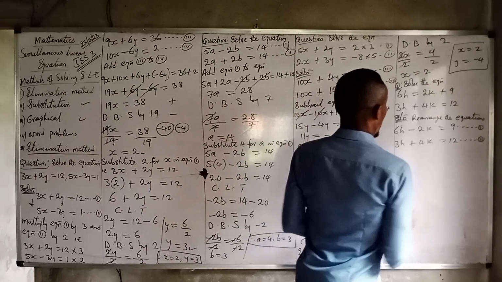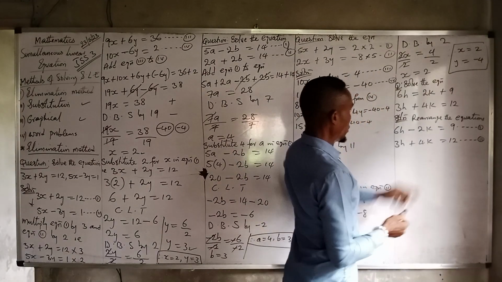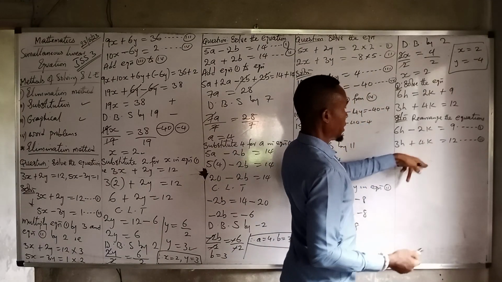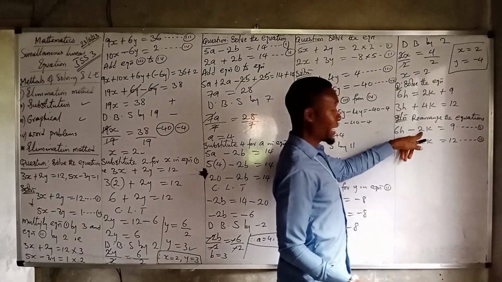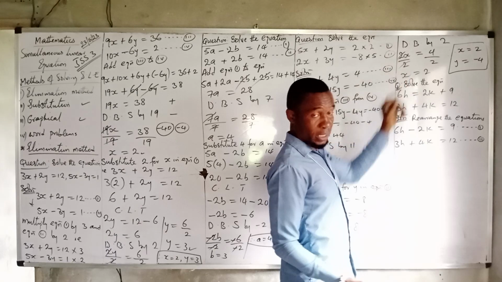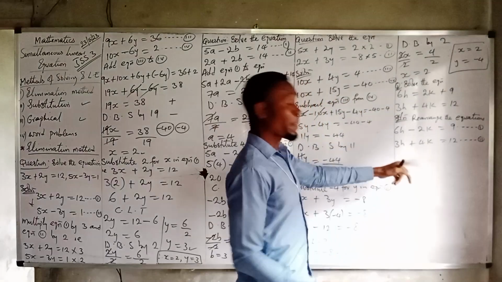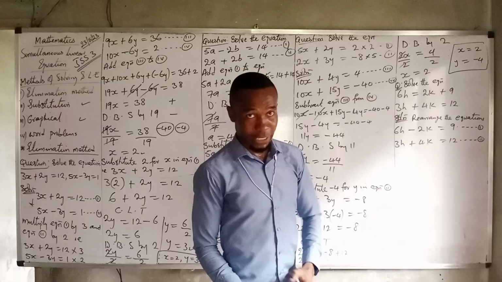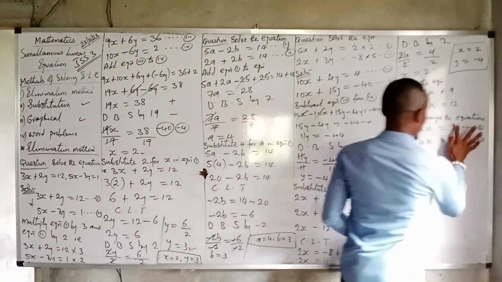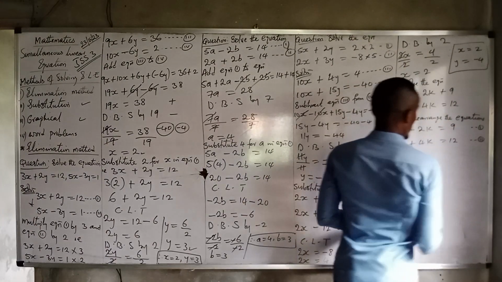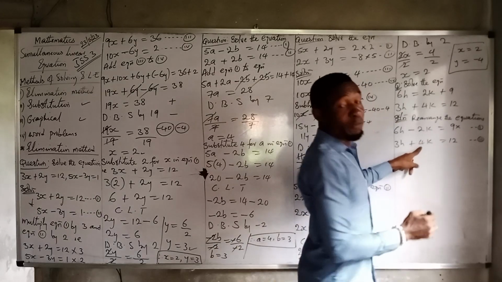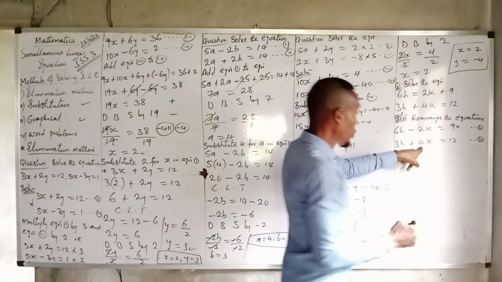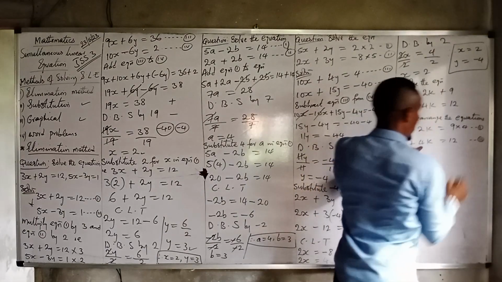Now what should I do? I check the two. Which one should I eliminate? I want to eliminate K. I must make sure that the coefficient of K in equation 1 is the same as the coefficient of K in equation 2. So I will multiply equation 1 by the coefficient of K in equation 2, which is 4, so times 4.